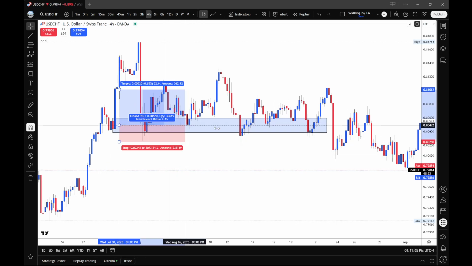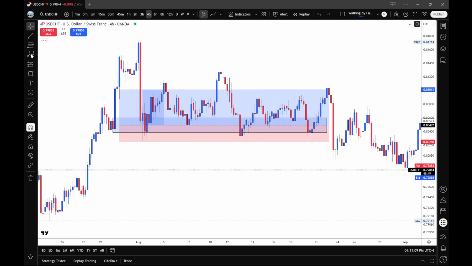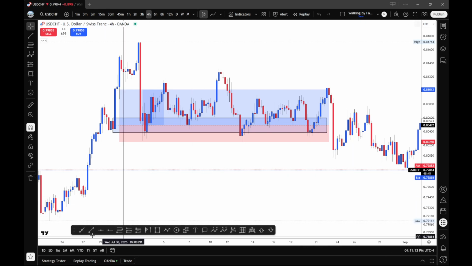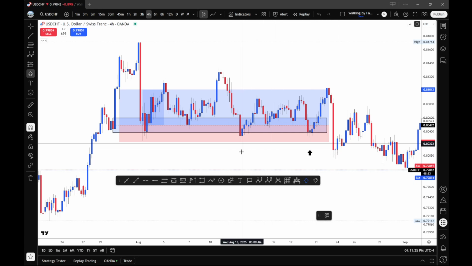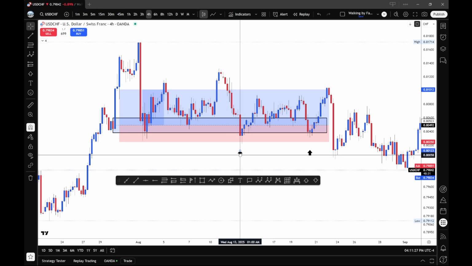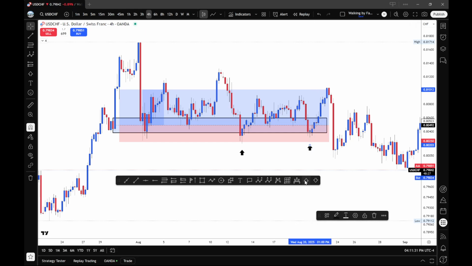And if you notice, okay, we had one that missed. This one, these were good. This one actually hit our stop loss, and this one didn't. See it? We have that one, and these.